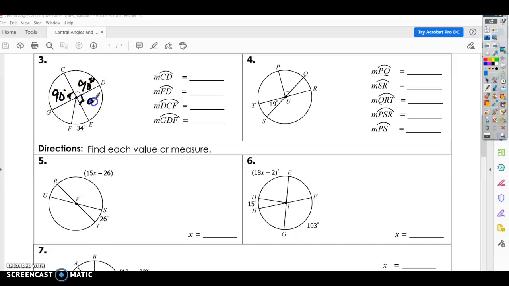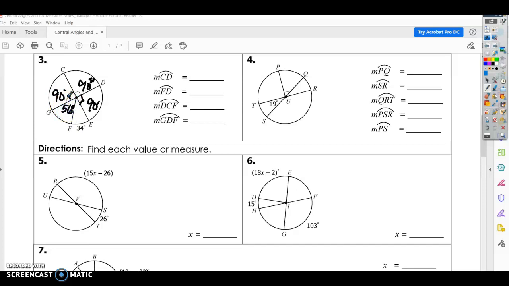And this is also 90. And actually this side is as well, but it's split by a radii. So we're going to say this is 34, so this has to be 90 minus 34. 90 minus 34 is 56.